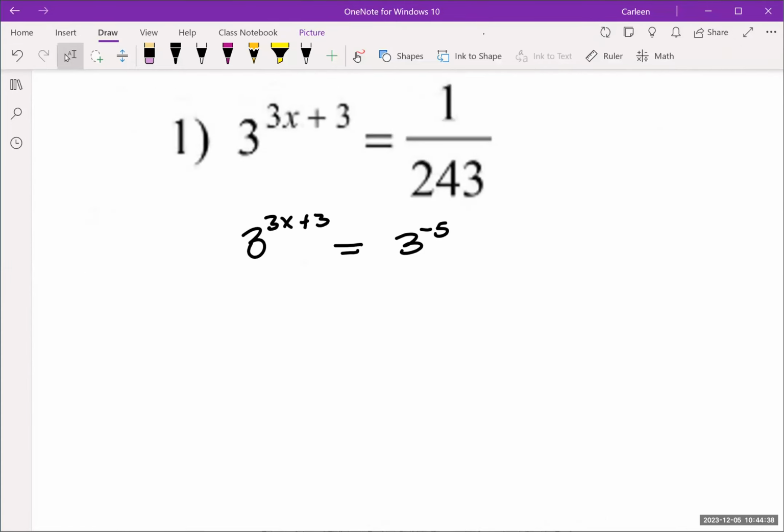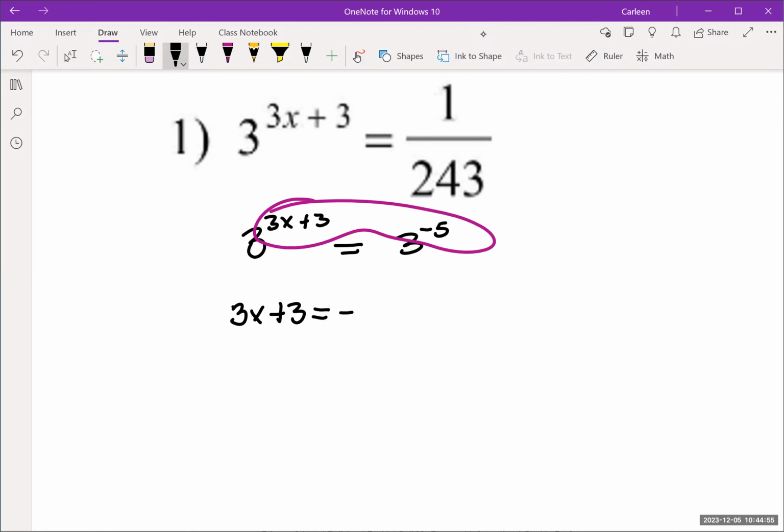Now that the bases are the same, I can bring down my equation. So what does the equation look like? 3x plus 3 is equal to -5.